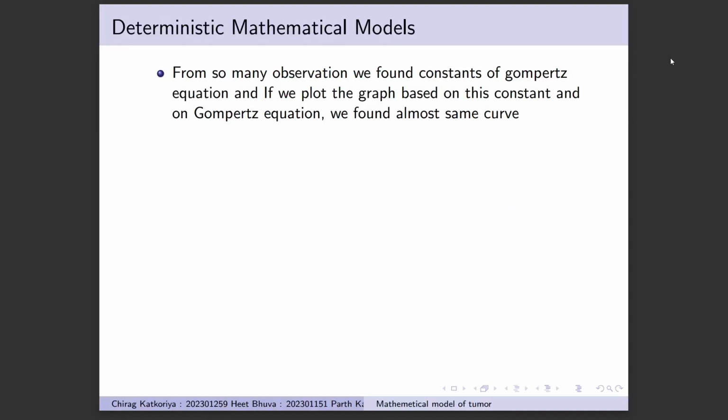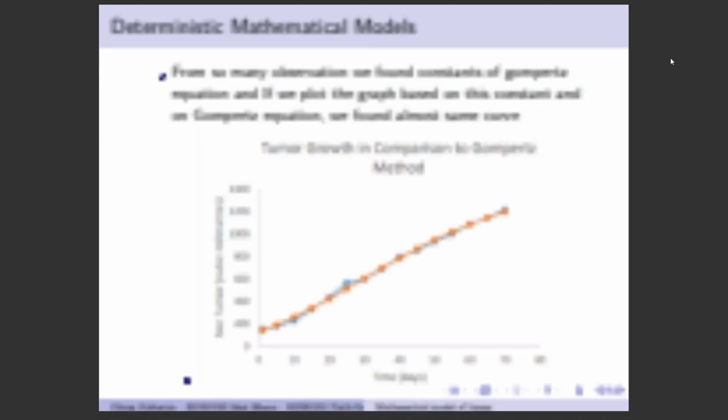From many observations, we try to find the constants alpha, beta and c of the Gompertz equation, and we can find the constants based on different situations. If we plot the graph based on these constants, we find a curve which almost matches the curve of the clinical and experimental data of breast cancer.